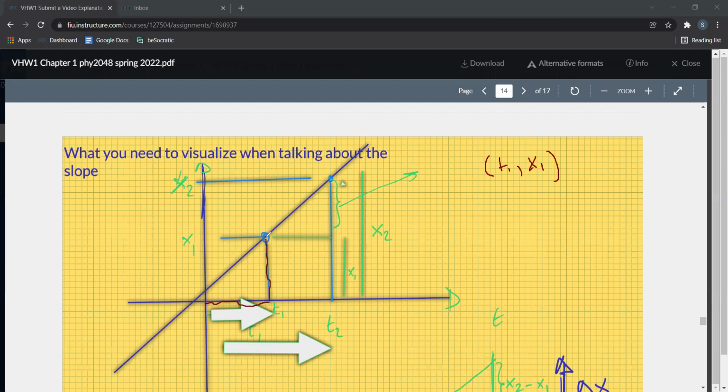You go up this line, and then you go up x1, right? So this is the point t1, x1. This is your initial. And your final, I'll use a different color, light green. Your final is t2 distance and x1 up, right?